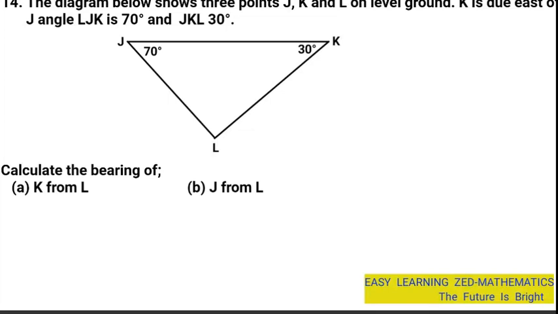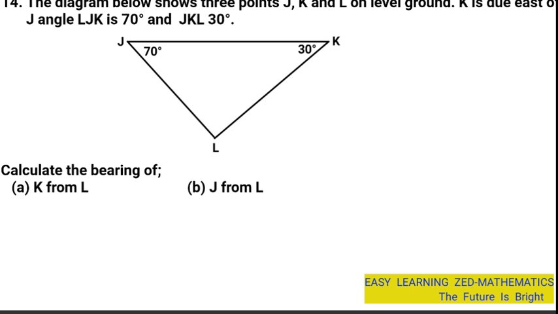Question 14 was as follows. The diagram below shows 3 points, J, K, and L on a level ground. K is due east of J. Angle LJK is equal to 70 degrees, and angle JKL is 30 degrees.